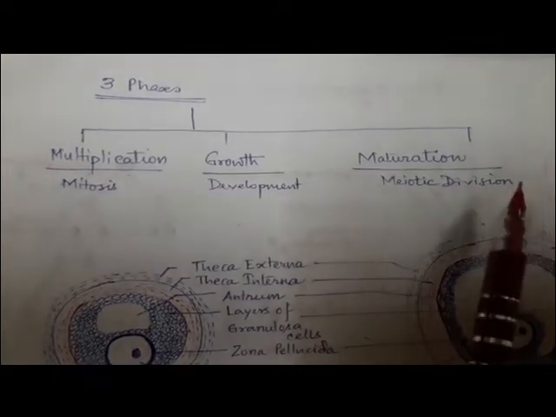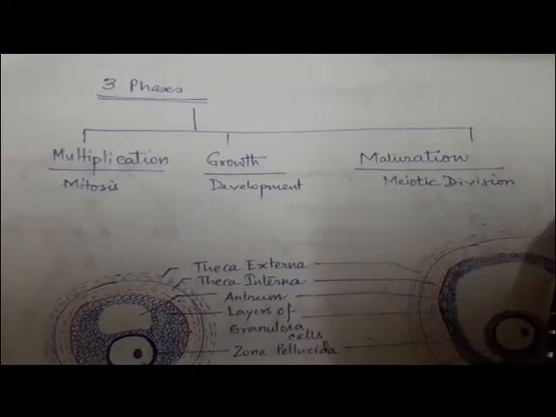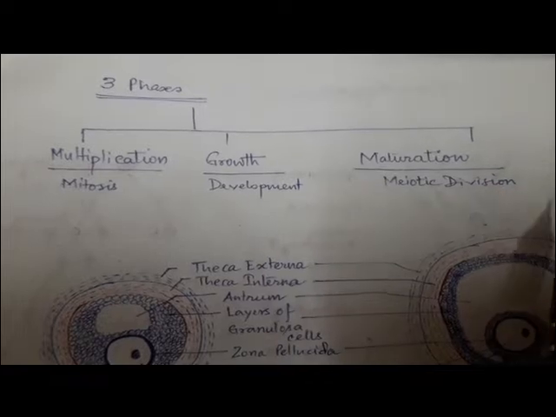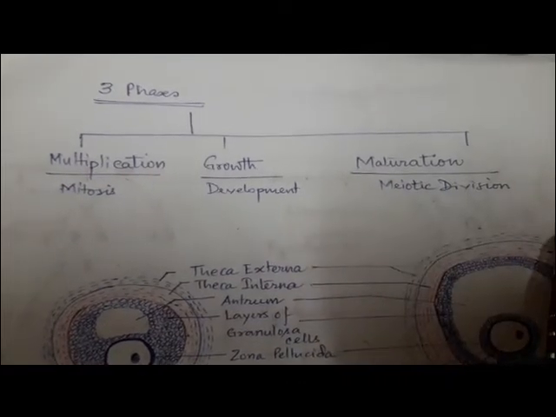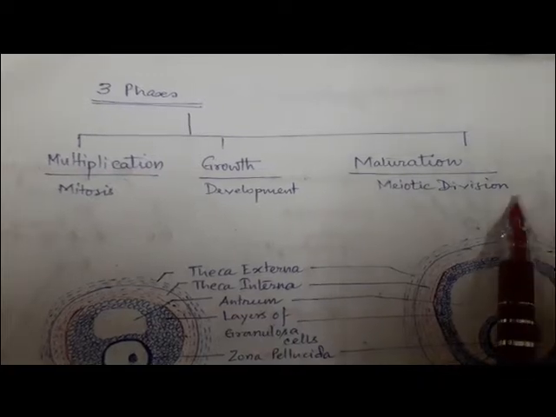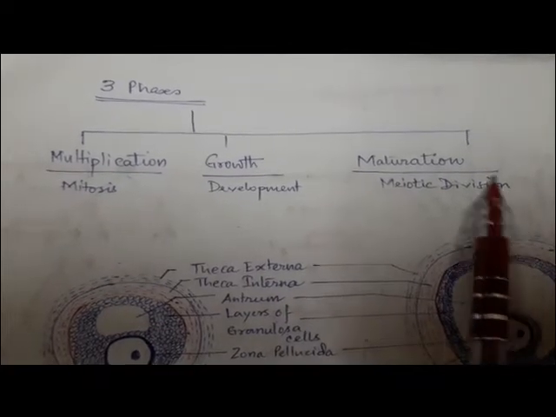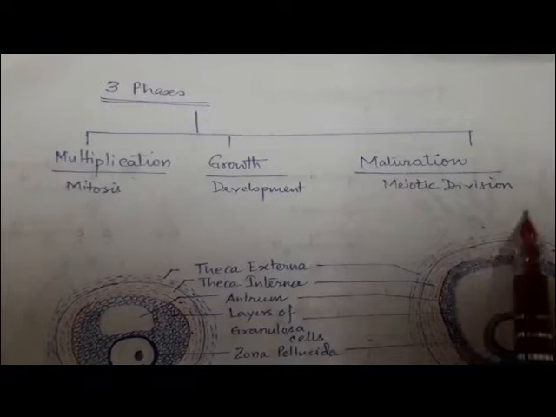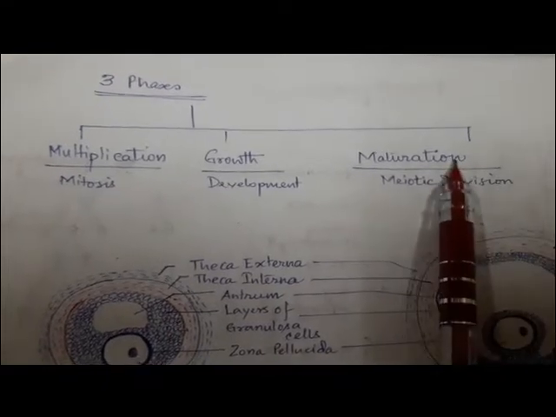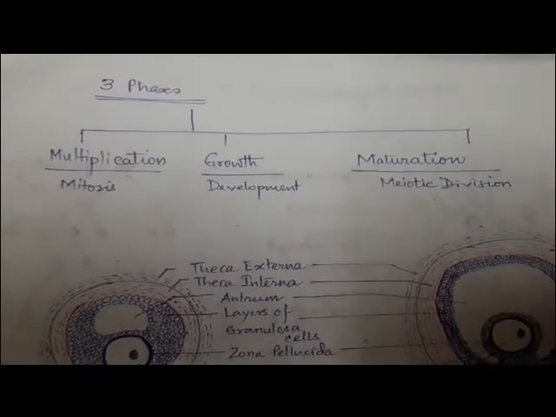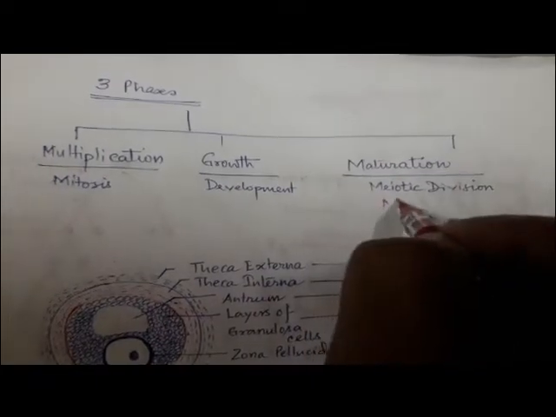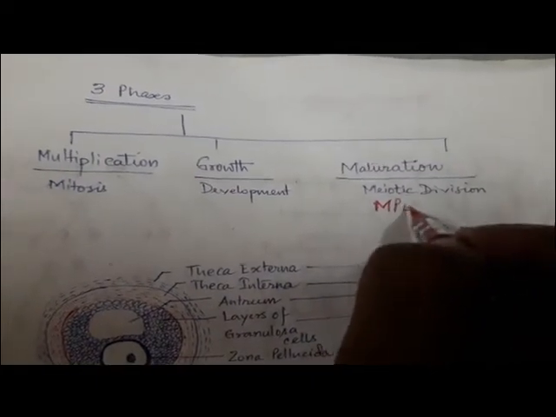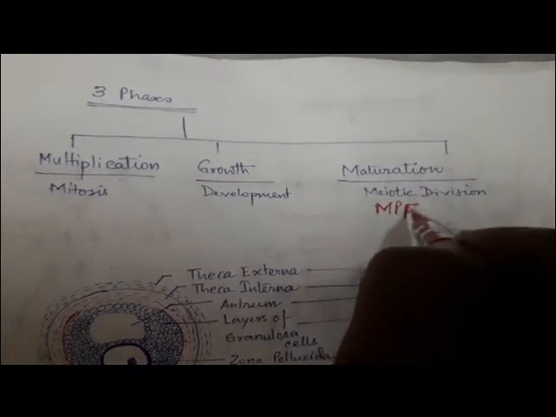Now the ovum is actually released as secondary oocyte, right? When it is released as secondary oocyte, we have to also keep in mind that there are two factors which are important to continue the fertilization process. Those two factors are MPF and APF.